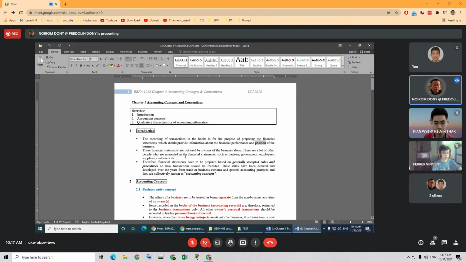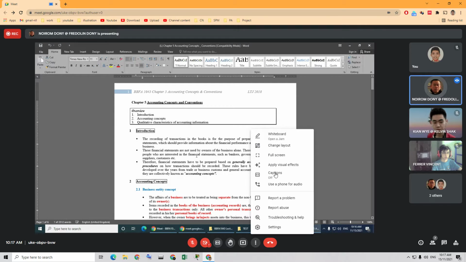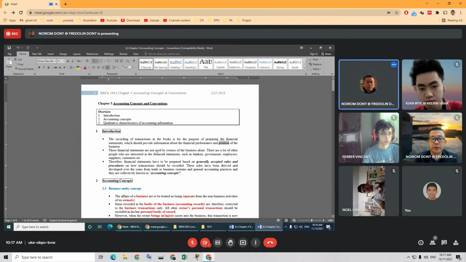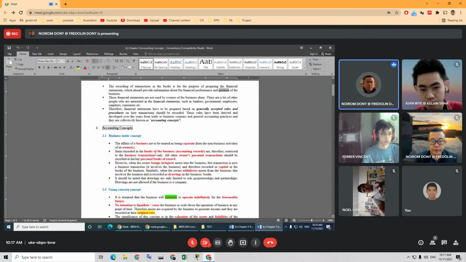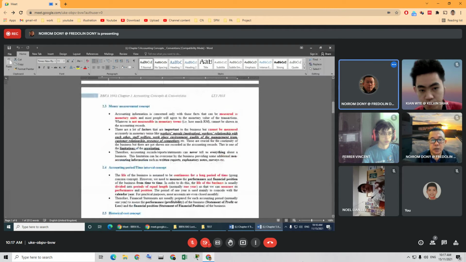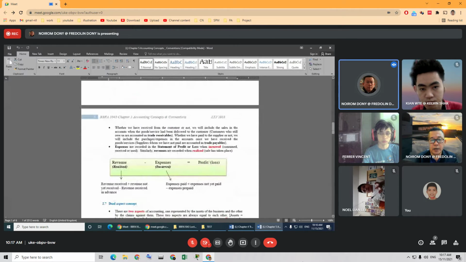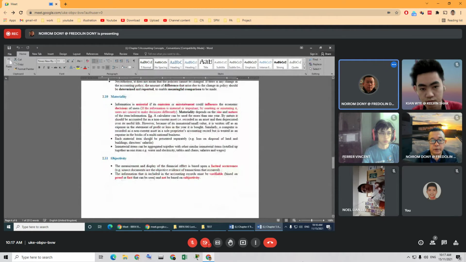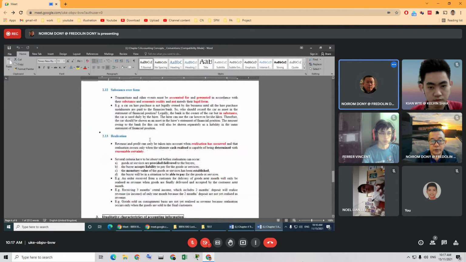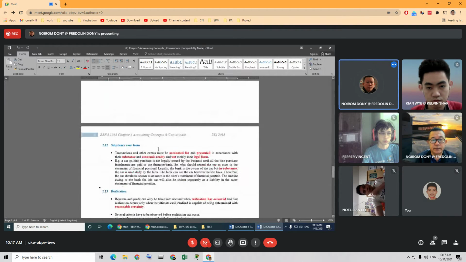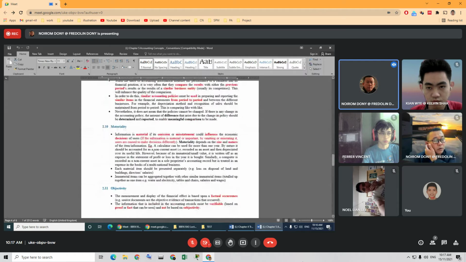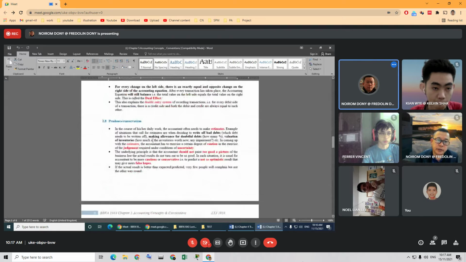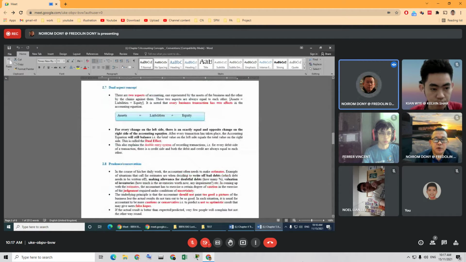So this is what we are learning today: the guidelines, the rules and regulations when we prepare the financial statement. We have altogether 13 accounting concepts. In the exam, from time to time, they will ask this in the theory part. So it's very important.